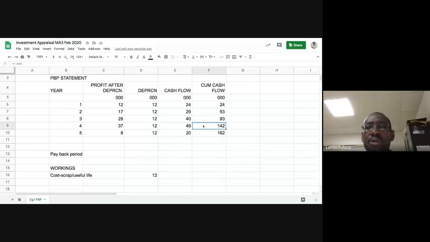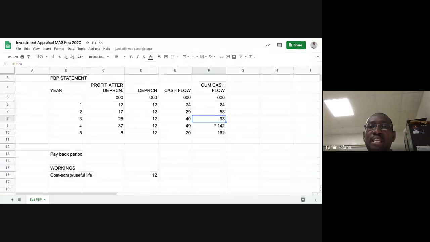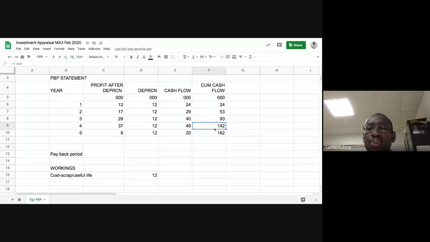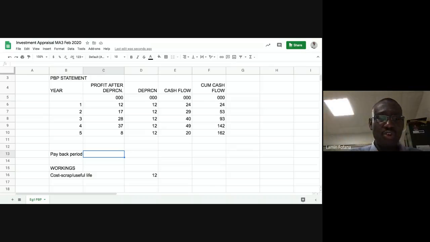Year 4, because when you look at the cumulative values, in year 4 it will be 142. Naturally, it cannot be year 3, because year 3 cumulatively is only 93,000, which is less than 120,000. But in year 4, cumulatively it is 142. So that means it's going to lie somewhere in year 4. You know that the payback period will be in year 4 without doing any calculation.